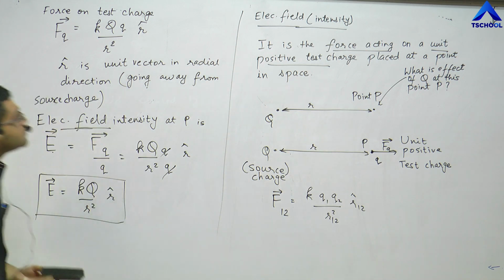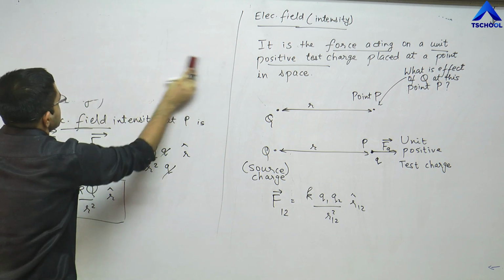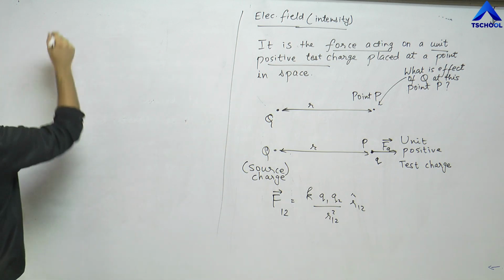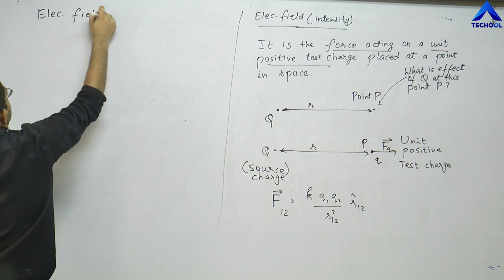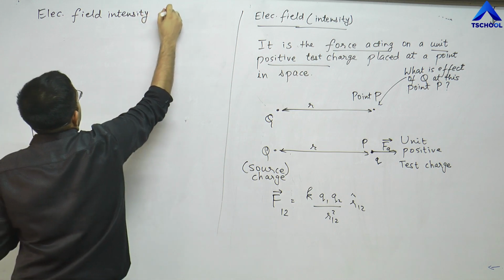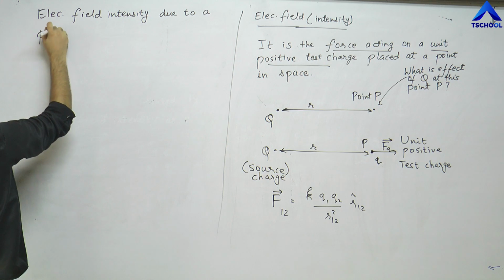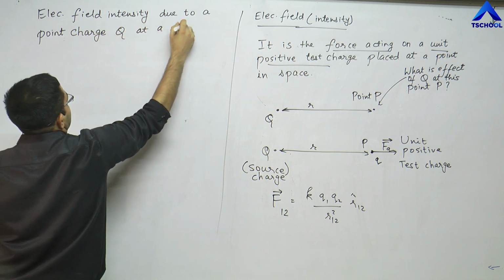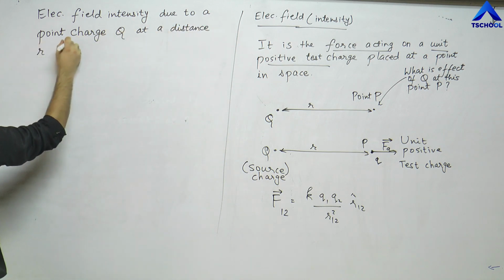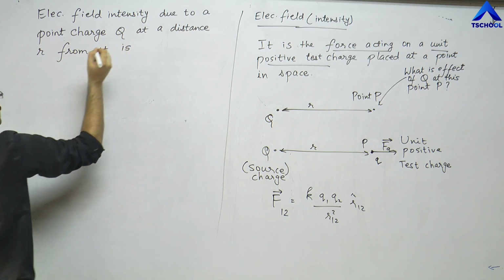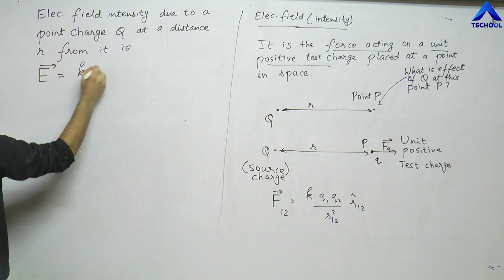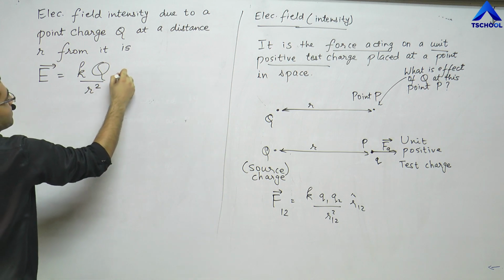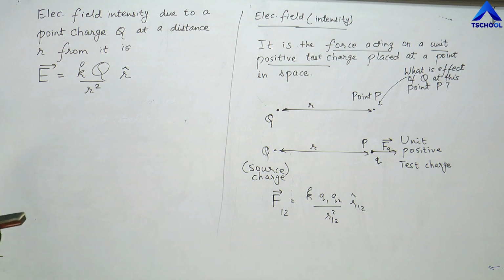Okay, so this is the gist of this whole topic: the electric field intensity due to a point charge Q at a distance r from it.